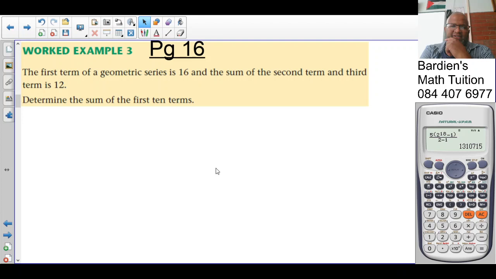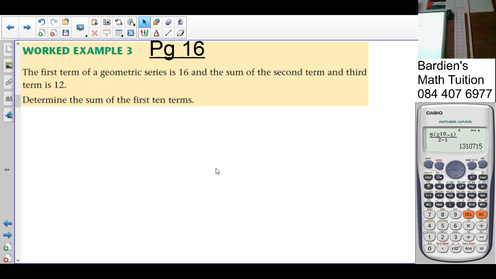Determine the sum of the first 10 terms. So in order to calculate the sum of the first 10 terms, I need to know what A is, and I need to know what R is. Not so? I know what N is. N is going to be what? 10. Because they want to know the sum of the first 10 terms. Okay.